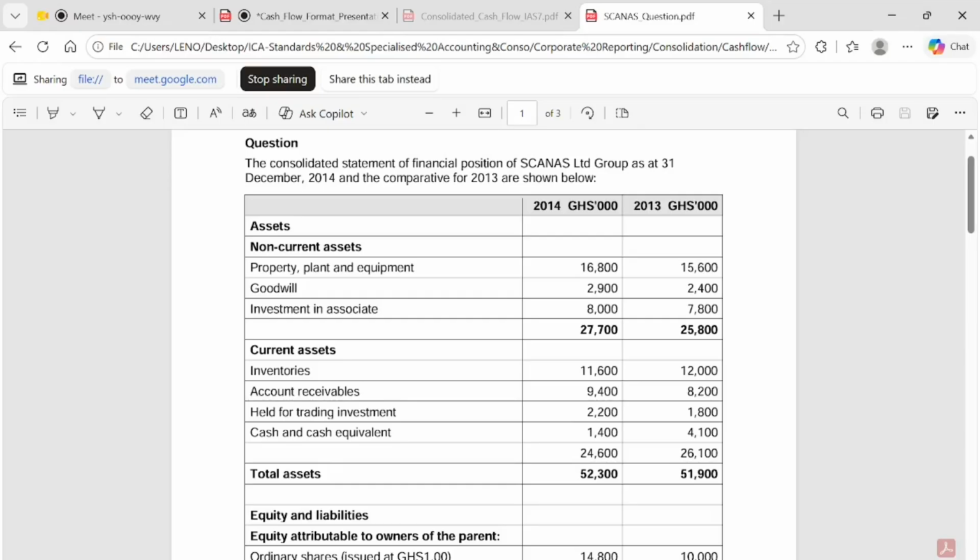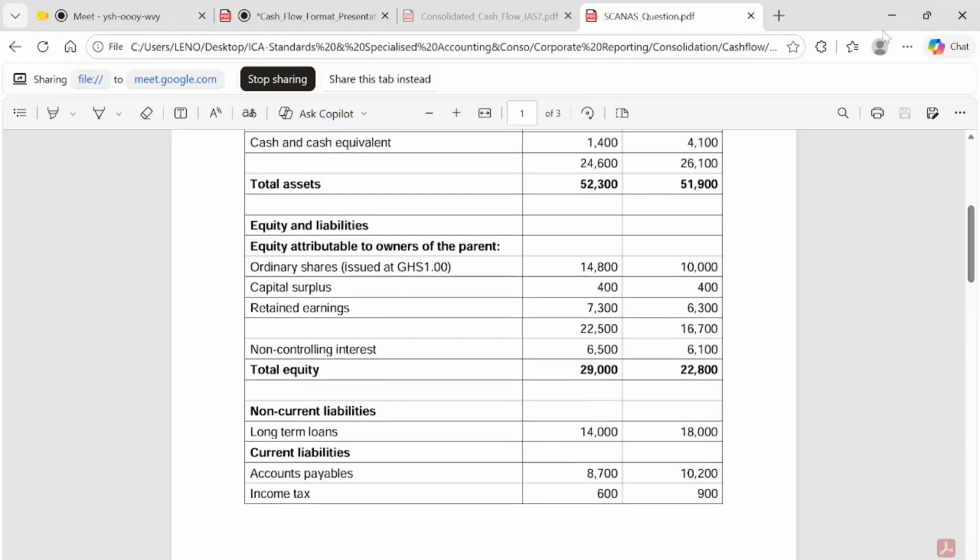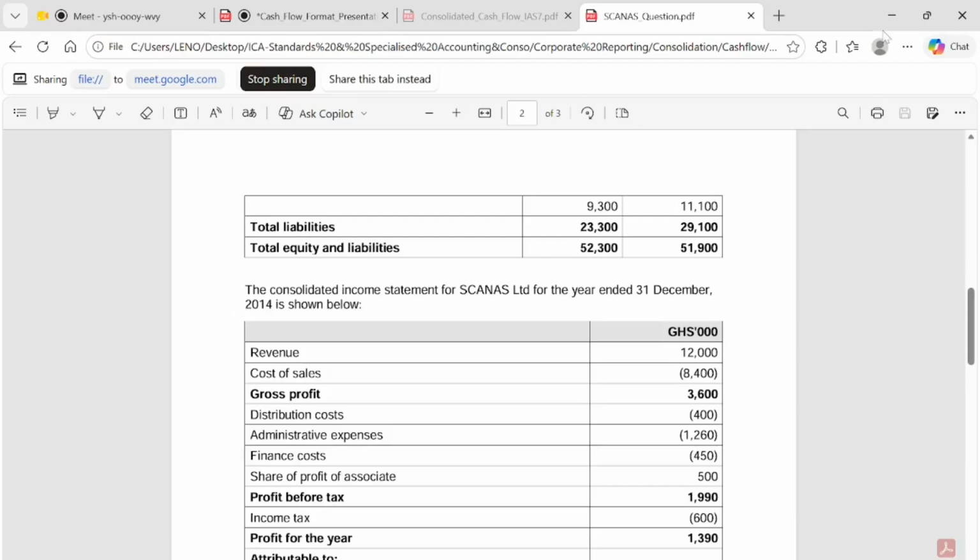We also have equity, ordinary shares, capital surplus, retained earnings, non-controlling interest. We have non-current liabilities, as you can see them there. We have long-term loans, current liability, payables, income tax. Now, so these are the balances.